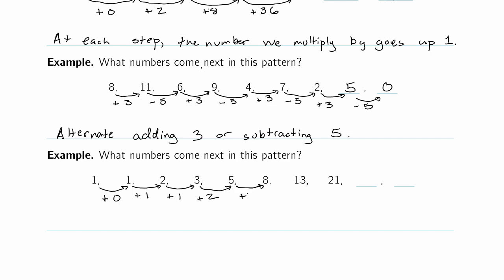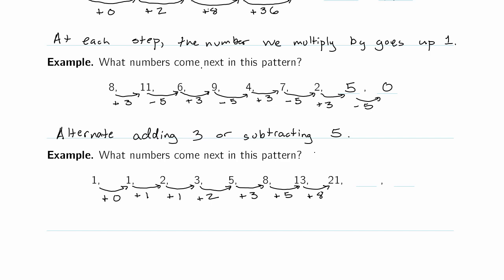From 5 to 8, we add 3. From 8 to 13, 13 minus 8 is 5. We add 5. From 13 to 21, 21 minus 13 is 8. This is a really weird pattern, but we notice it, right?